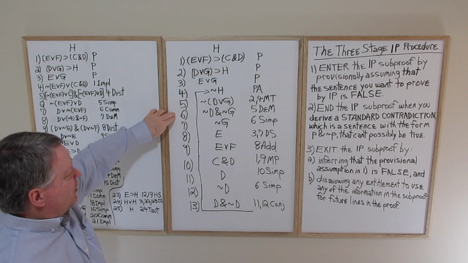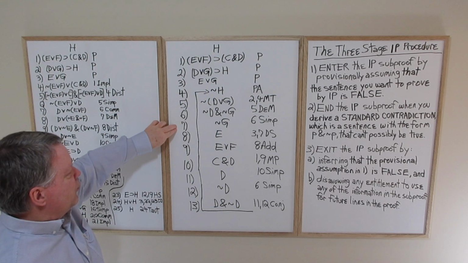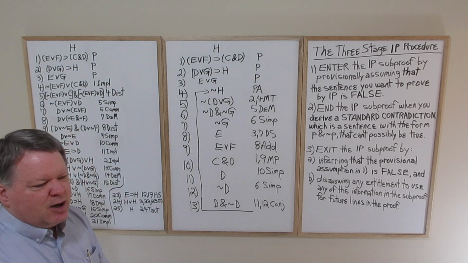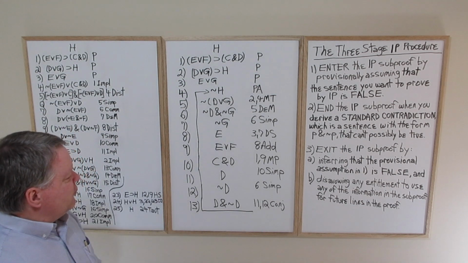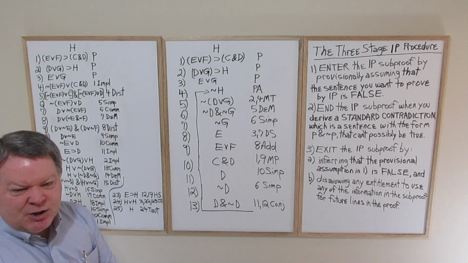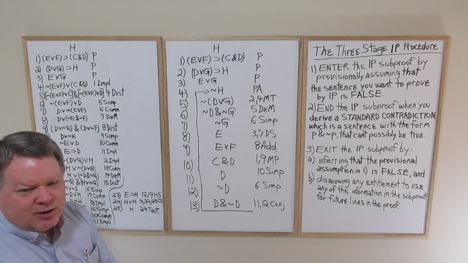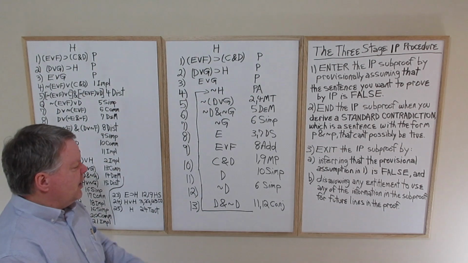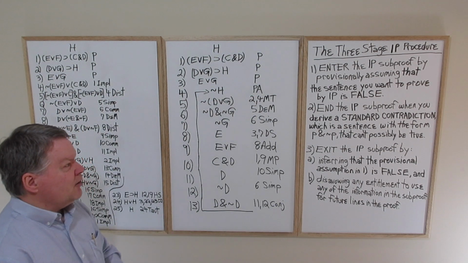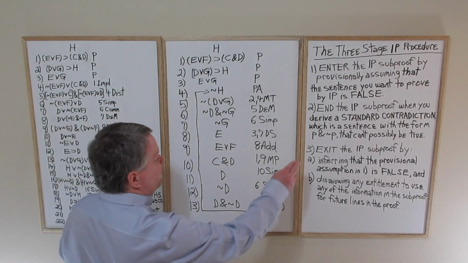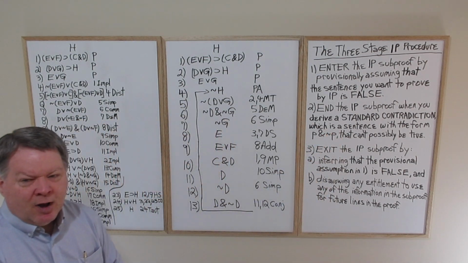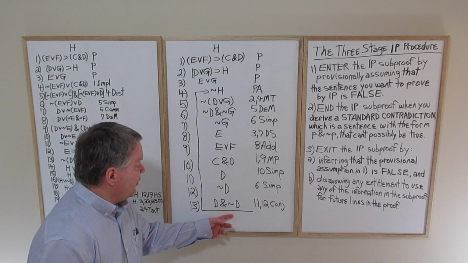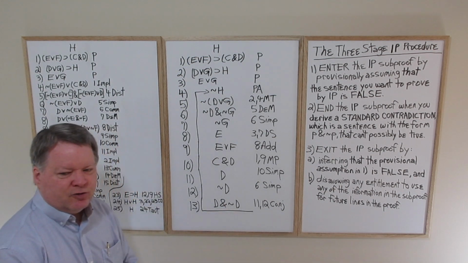by De Morgan's tilde D and tilde G is true, and so on until we end up at line 13 with the inference that the conjunction D and tilde D must be true. But D and tilde D can't be true, because D and tilde D is a standard contradiction, a sentence that has a form or underlying logical structure such that it's necessarily false.